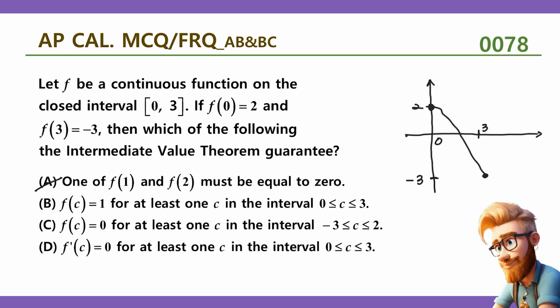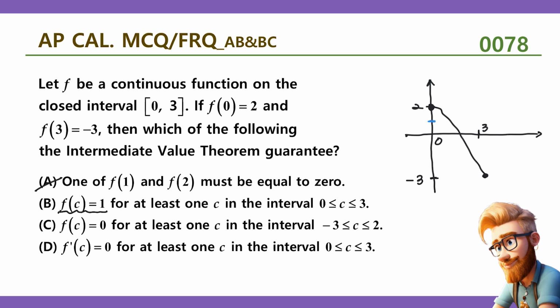Okay, B. f of c is equal to 1, y is equal to 1 for at least one c in the interval from 0 to 3. That is true, right? That is what the intermediate value theorem is about. Here, y is 1, which is between 2 and negative 3, or negative 3 and 2, right?